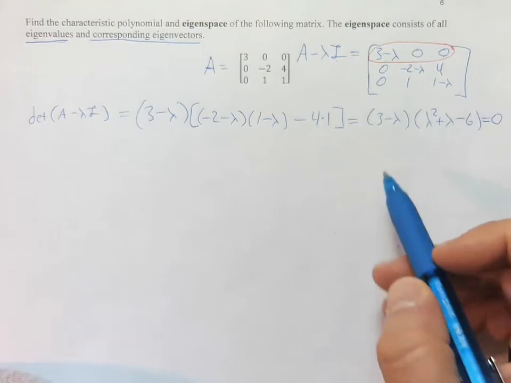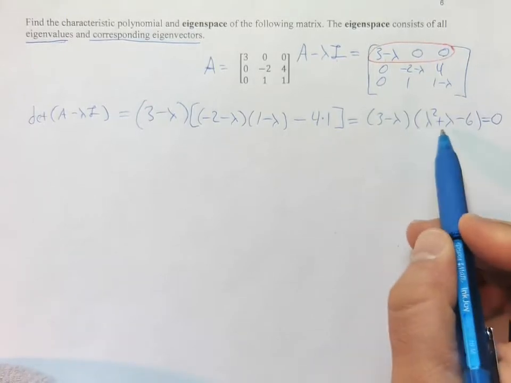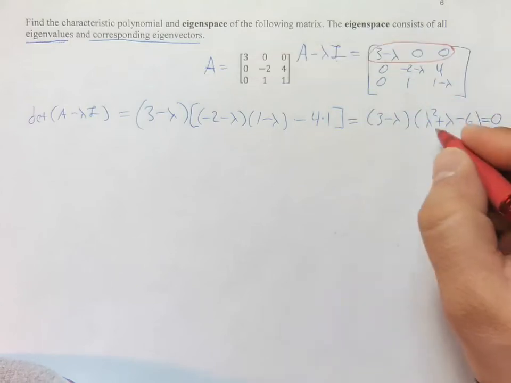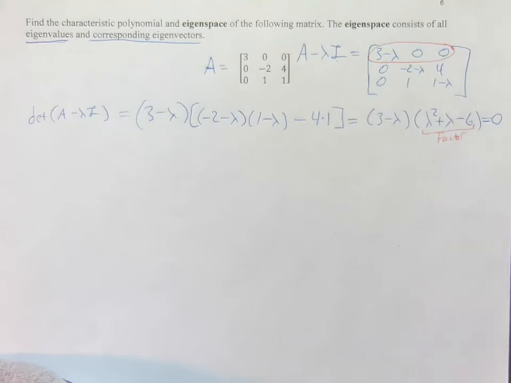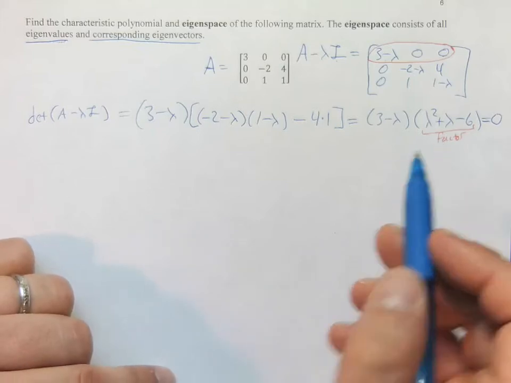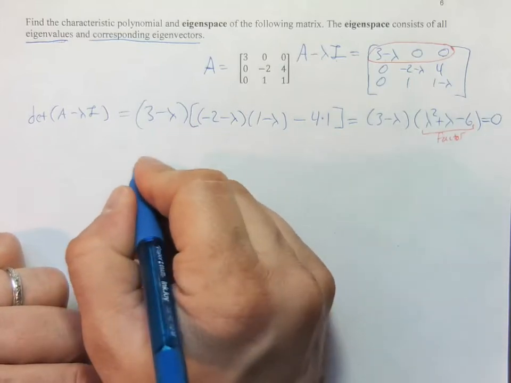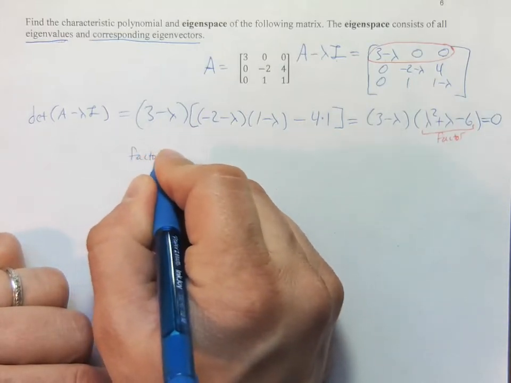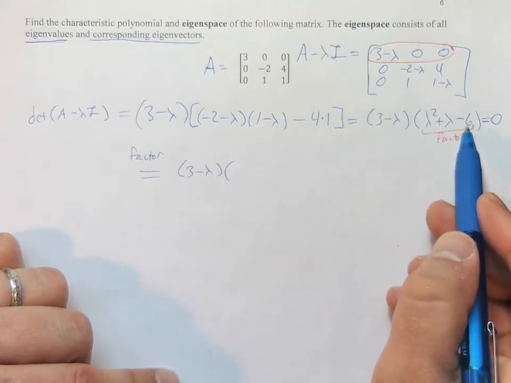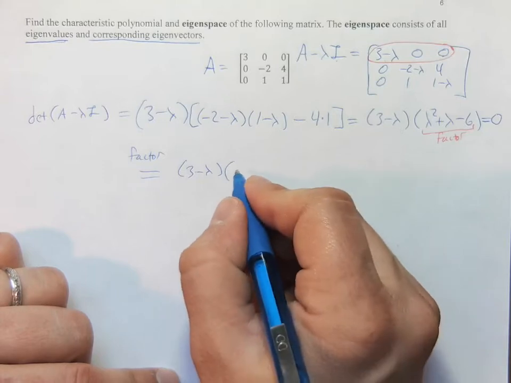Now, you might be tempted to keep distributing here, but don't distribute. Instead, we should factor this part, and then we'll be right at the solutions, right? We want the roots of this thing, so let's go ahead and factor that part. After we factor, we get 3 minus lambda, and then this minus 6 factors into lambda plus 3 times lambda minus 2.